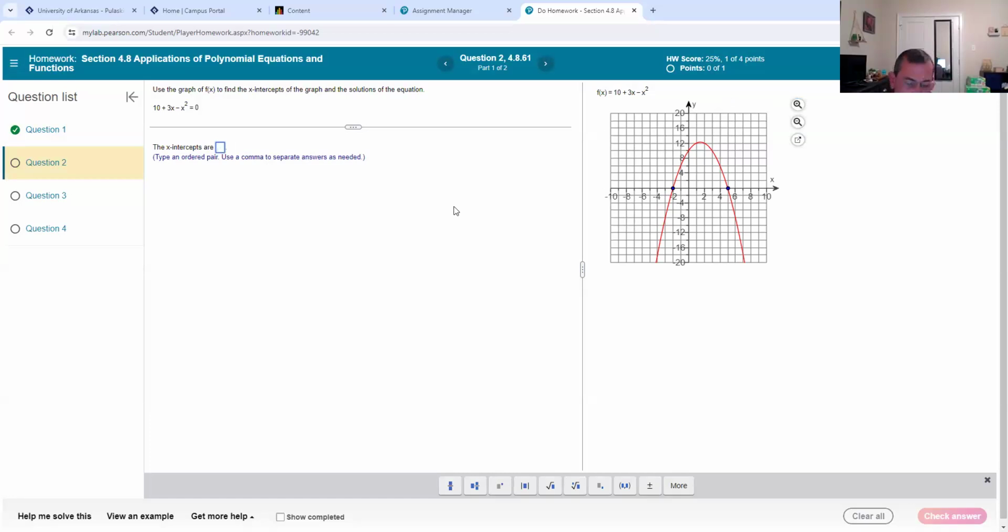And they gotta be ordered pairs, okay? So I got -2, 0 is the first one. Good job.